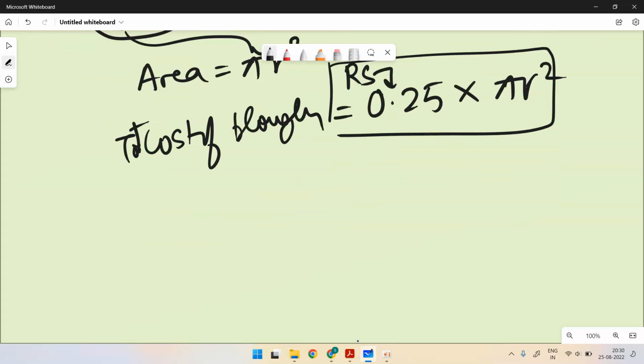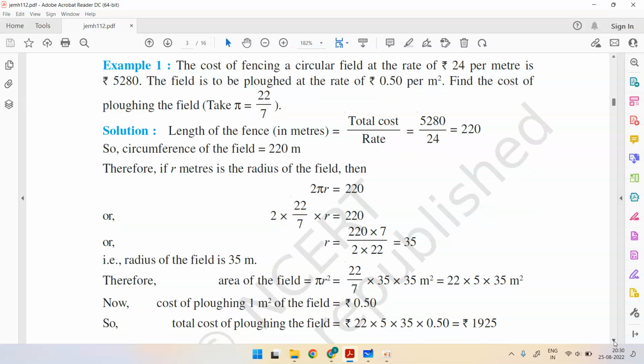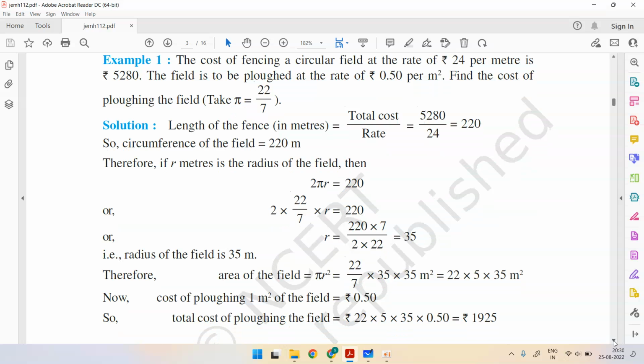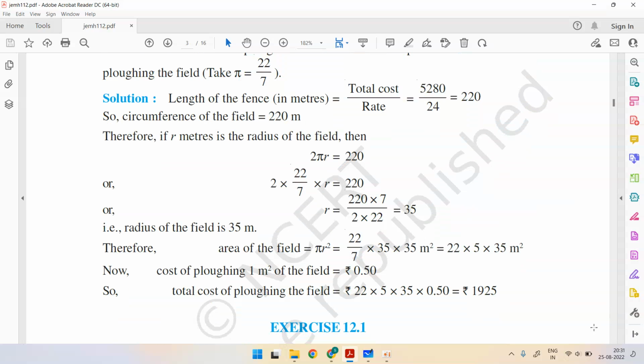Solve this and you get the answer. I think they have also done the same thing, because only one logic can solve this question. They calculated 2 pi r as 220, then got r as 35. Then they put 35 in r square to get the area of the field, multiplied it by 0.5, and got the answer.